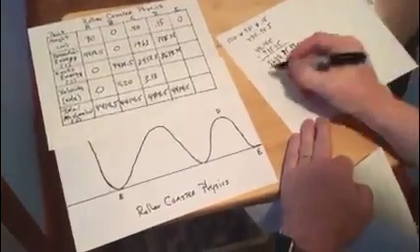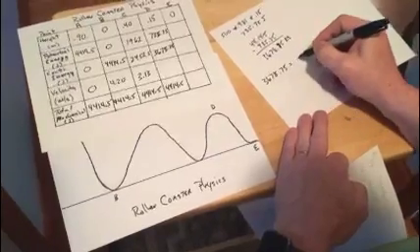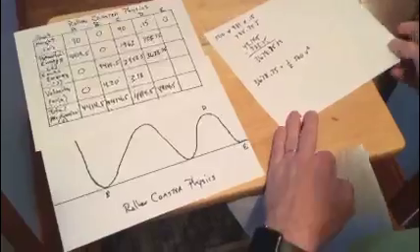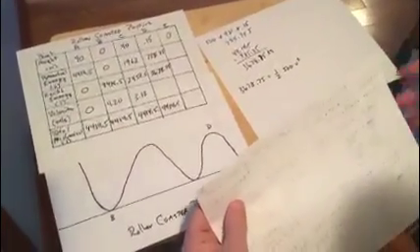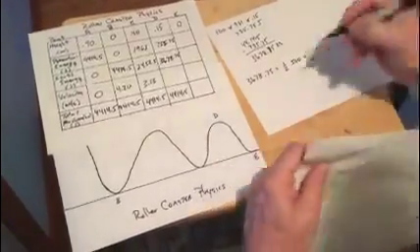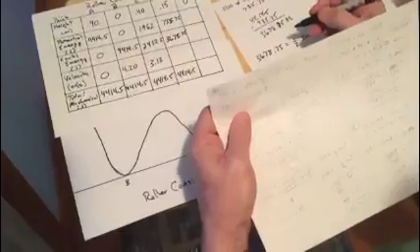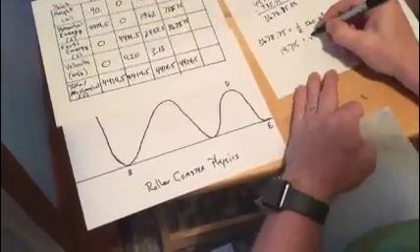So we know that 3678.75 equals 1/2 times 500 times v squared. Now we just do our math out. We get 14.715 equals v squared.